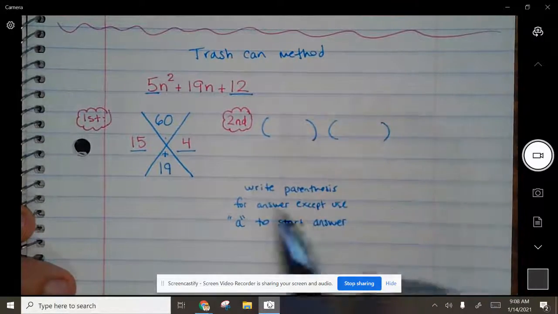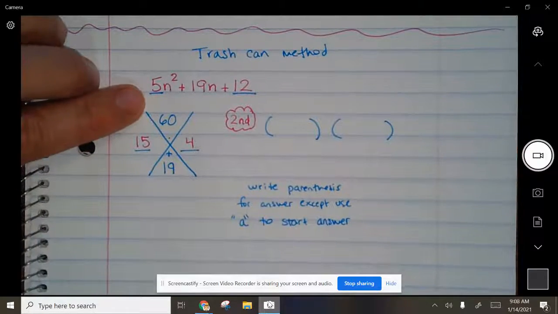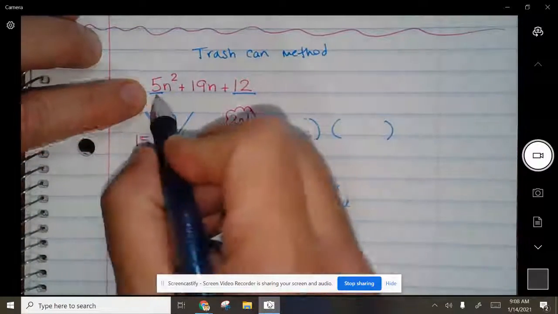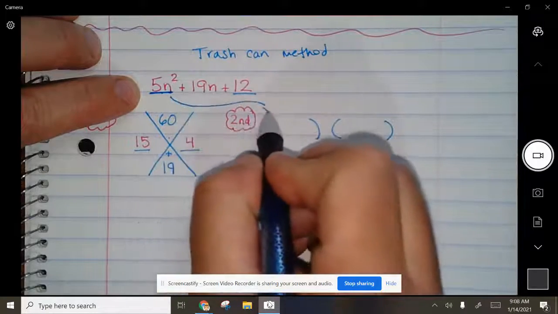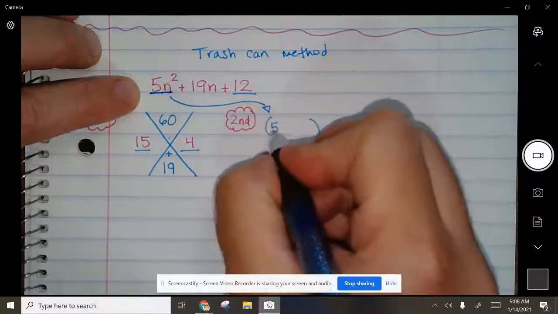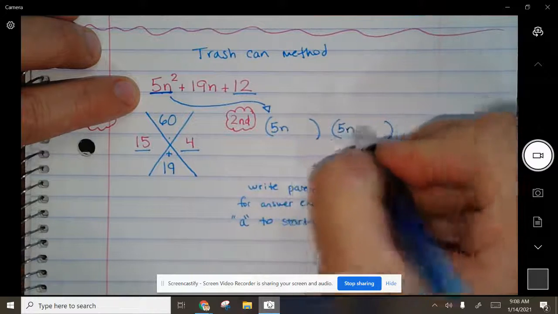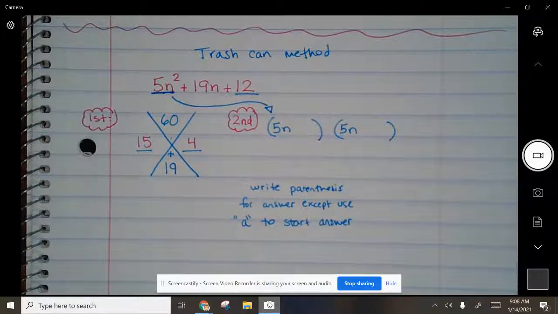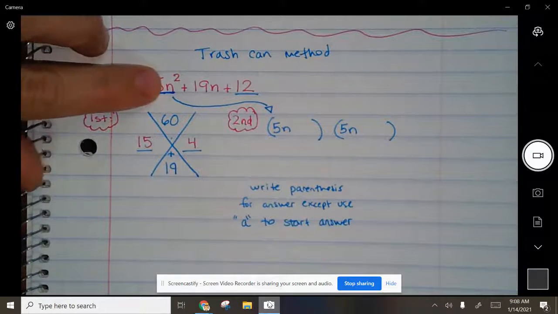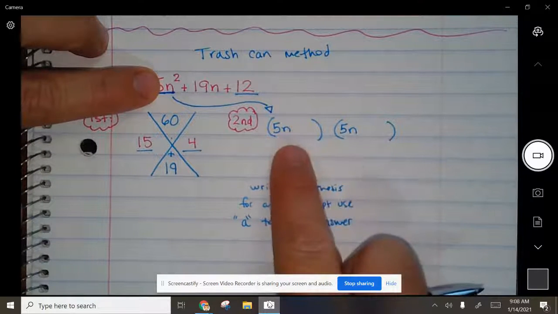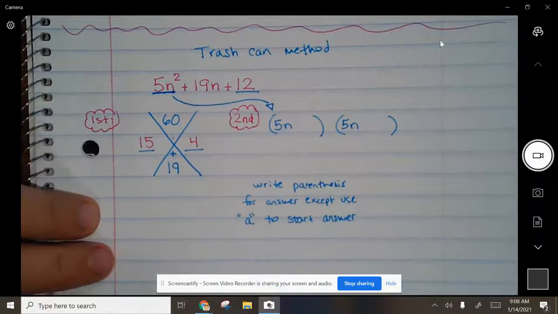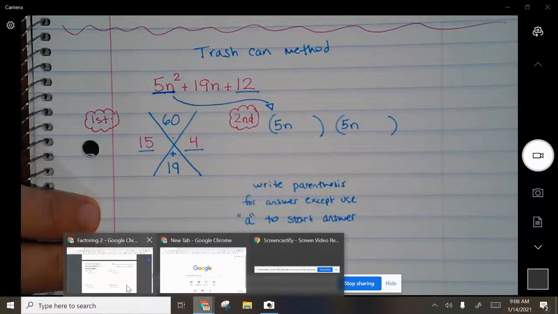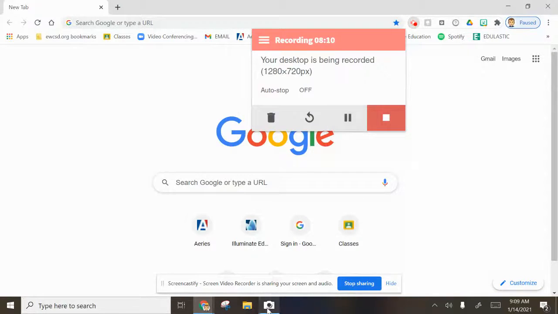So when you start your parenthesis, you're going to start with this 5n. This 5n is everything. Not the squared, but the 5n. 5n goes here, 5n goes here. Yesterday, remember, or Tuesday's class, we would have n as the parenthesis.